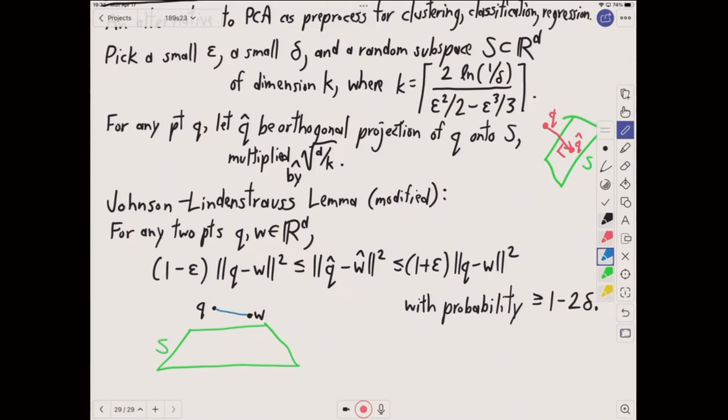So it's the length of that line segment connecting Q to W, squared, here and here. Then we project those 2 points down, and we wind up with Q hat and W hat.